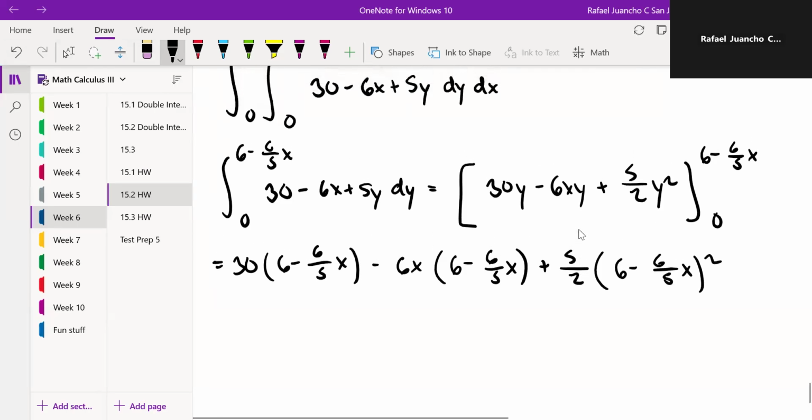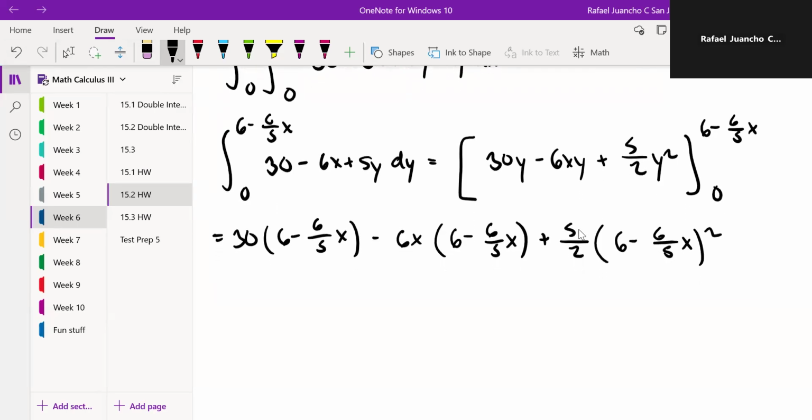Do I want to simplify? Not super sure now. I kind of don't want to, but sure, let's just do it. 180 minus, and this one I just take out my 5. This becomes 6, so minus 36, I believe.